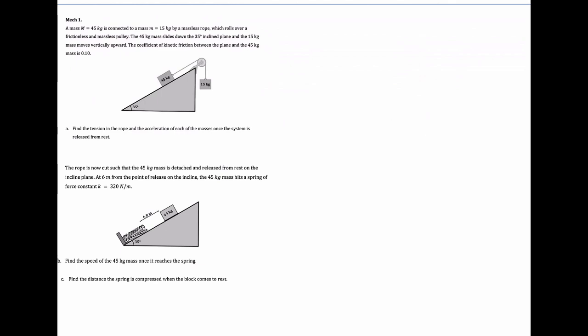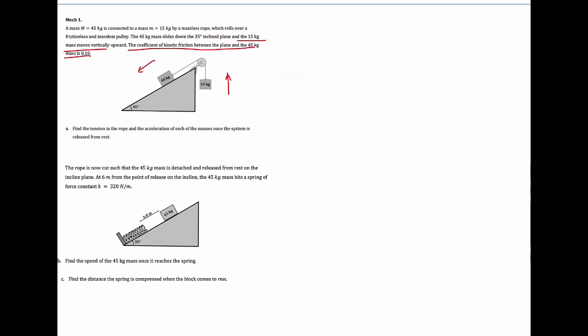Frictionless and massless pulley, and the coefficient of friction is 0.10, so there is friction. The question, I'm not sure it tells us how it moves. Actually, I'm wrong. It tells us that the 15 kilogram mass moves vertically upward, so the other mass will move down on the inclined plane.